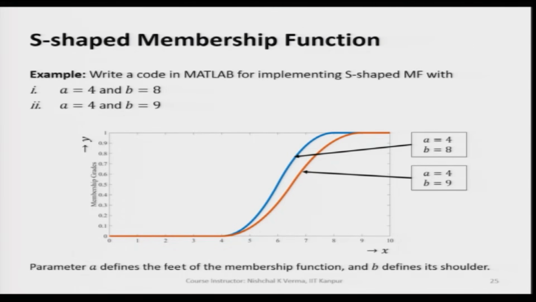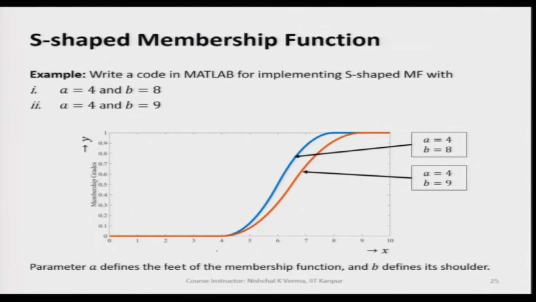Here we have a few more cases. In this example we have two cases. In the first case A is equal to 4 and B is equal to 8, and in the second case A is equal to 4 and B is equal to 9. We can clearly see that the feet of the curve are not changing; they remain at 4.